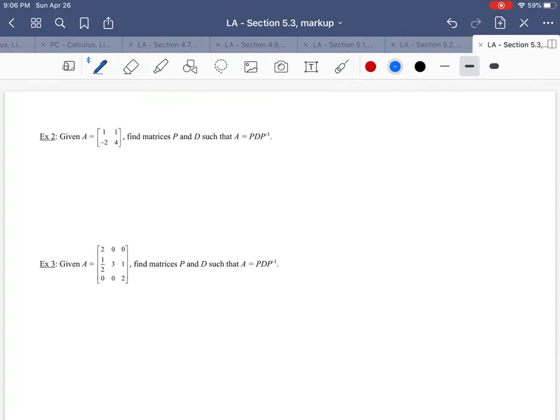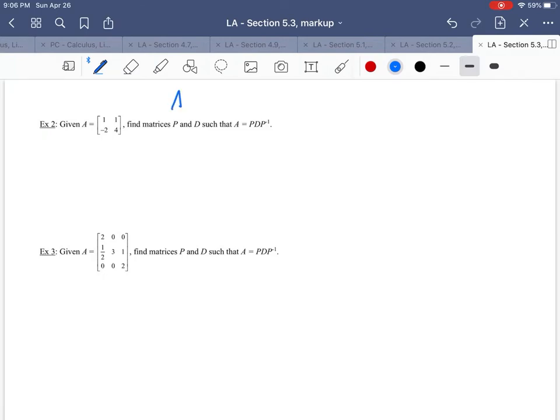So in example 2 here, remember that main equation that you had earlier, the determinant of A minus lambda I is equal to 0. That's your characteristic equation. So I'd have the matrix 1 minus lambda, 1, negative 2, and 4 minus lambda, the determinant of that equal to 0.